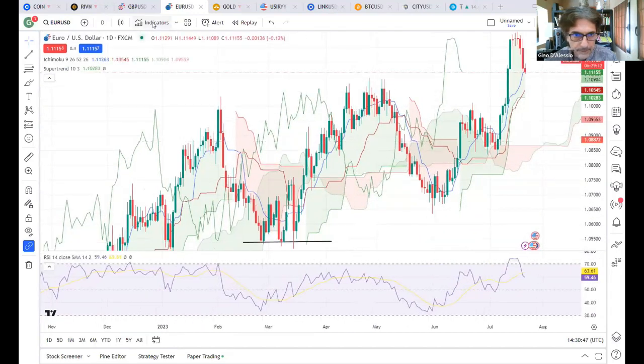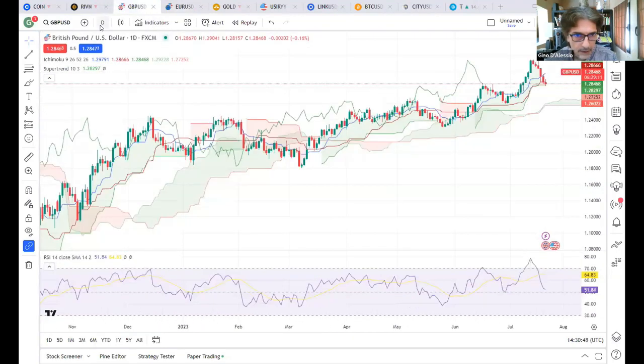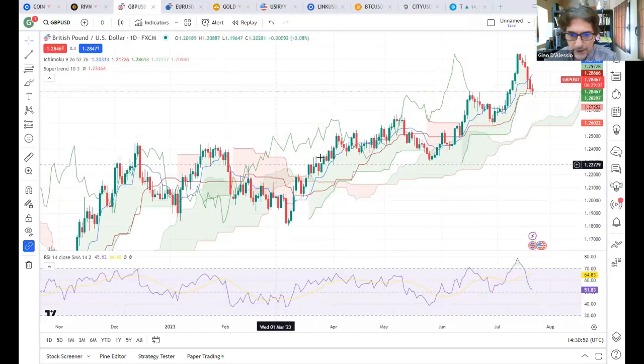So we see a very similar picture between the two forex markets.